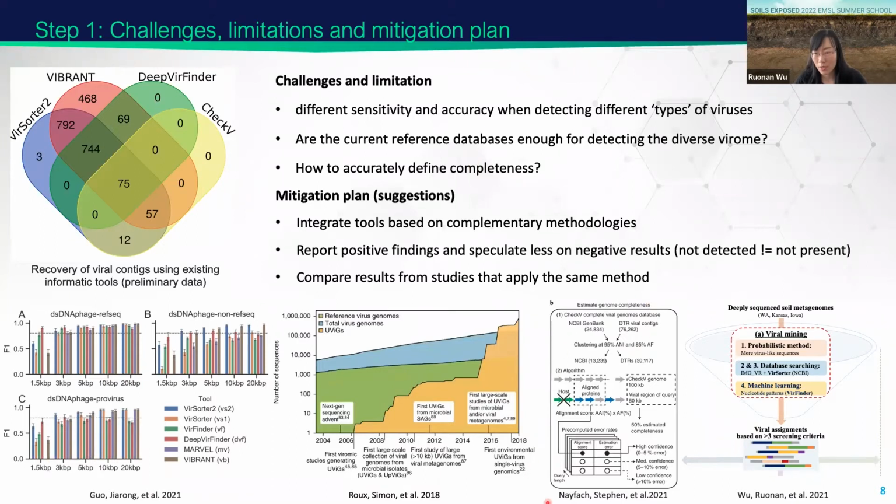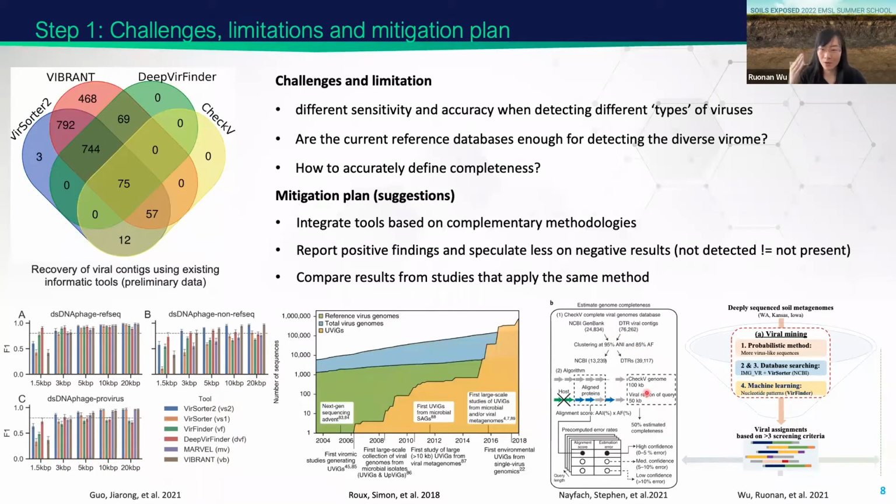So the current method used by CheckV is based on a comparison with complete viral genomes from NCBI GenBank and also environmental samples, using average nucleotide identity and percent of coverage. And also their closed genomes were identified based on detecting either direct terminal repeats, or flanking host regions on proviruses, or inverted terminal repeats. So hopefully in the future, we can learn more features coded in viral genomes that can help us to better improve these methods.